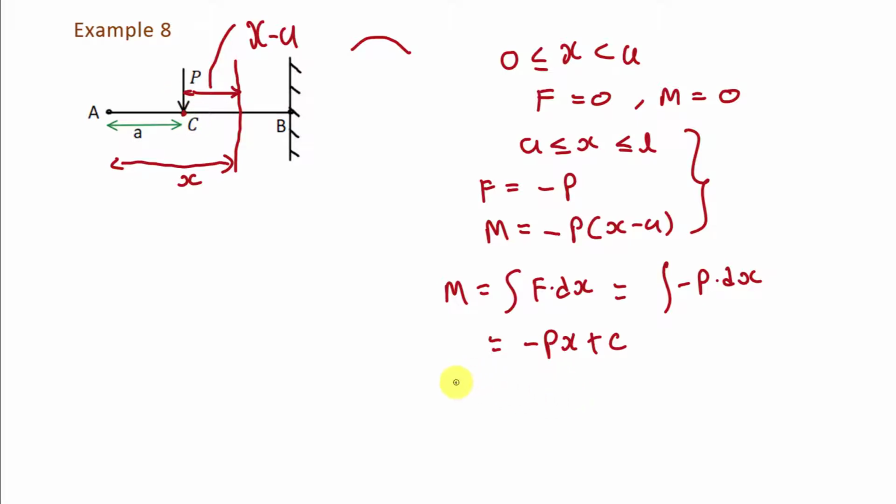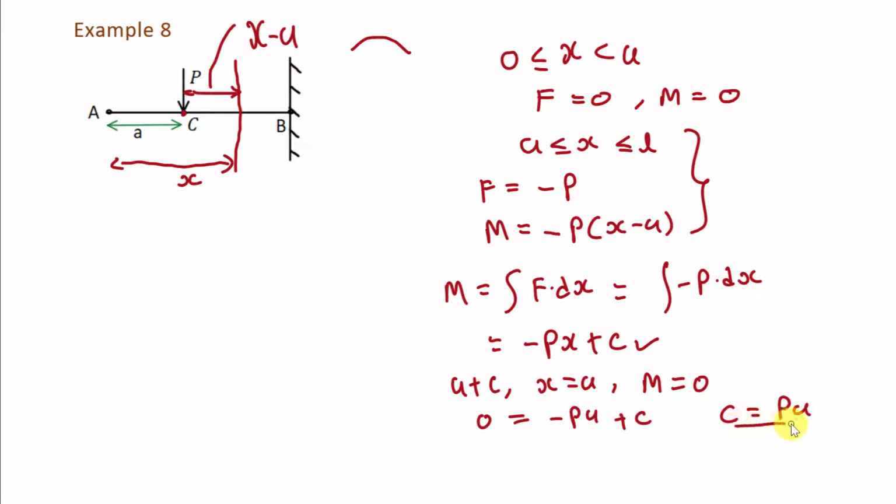So we can write that at C, the value of x is equal to a, right? This distance is a, and at that point bending moment M is equal to 0. So if we put this condition here, then we will get 0 is equal to minus Pa plus C. The value of C can be found out. C will be equal to P into a.